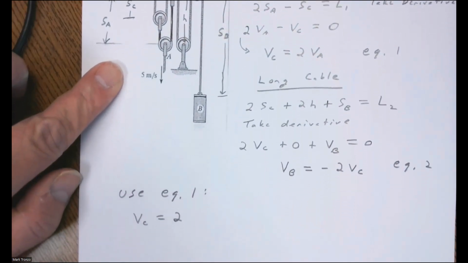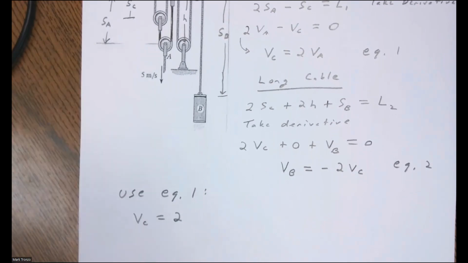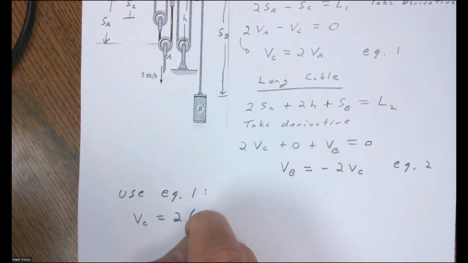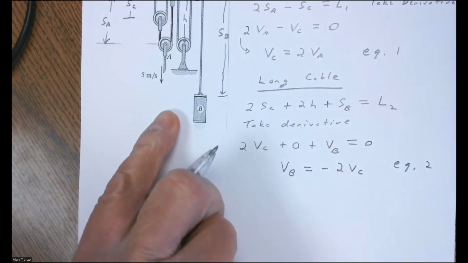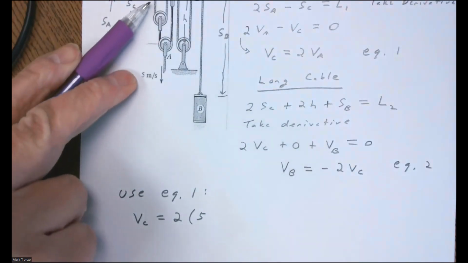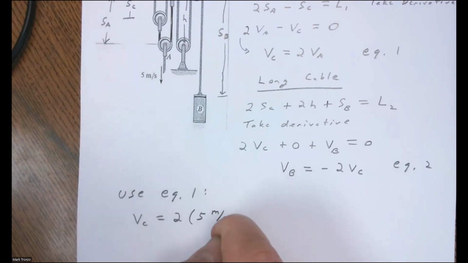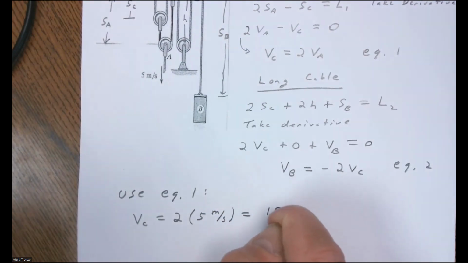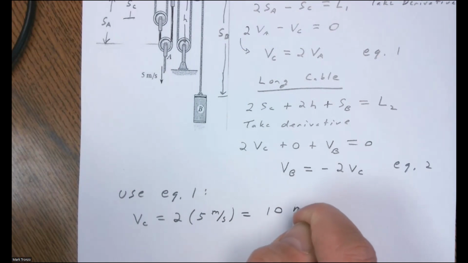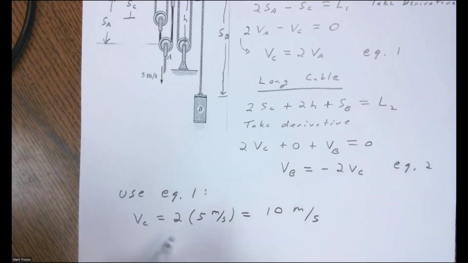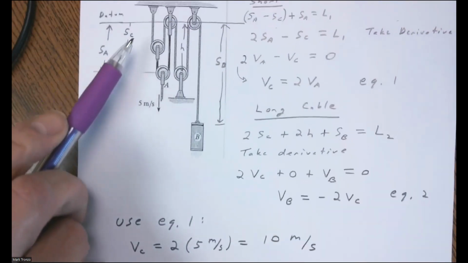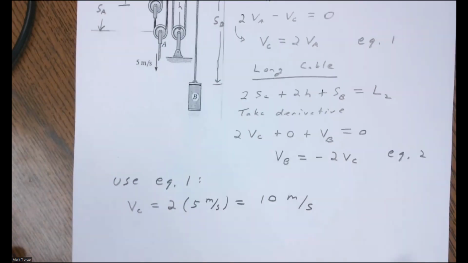Again, VA was 5 meters per second. And now since it's going this way, this length is getting longer. So we'll keep that positive. So VC is moving at 10 meters per second.